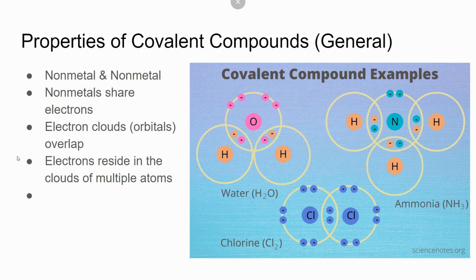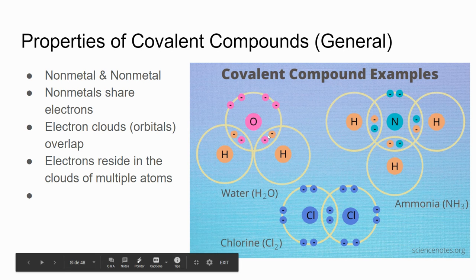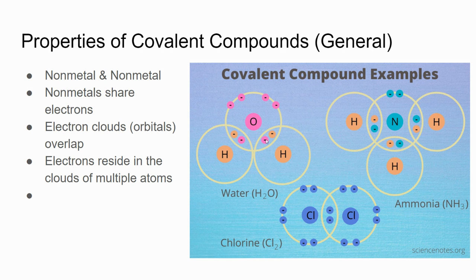This is a good picture of how the electron clouds overlap with one another, and the electrons essentially are part of both atoms. So that's covalent. Again, there are so many covalent compounds, and the properties are very, very wide ranging.